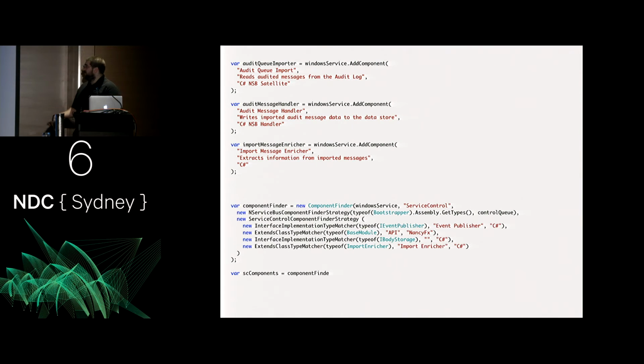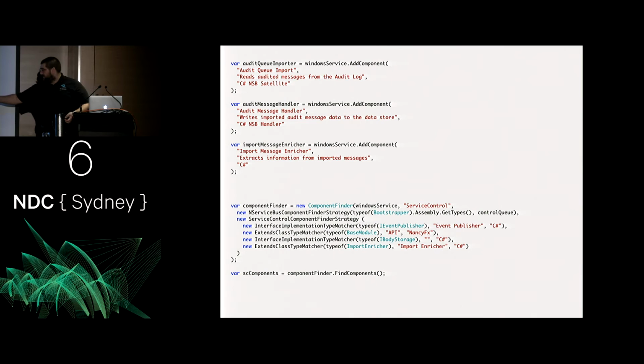That's actually already built into Structurizr in a thing called a component finder. And you can configure the component finder with a number of different strategies to basically say, what are the rules that I've set up here? So if you implement IEventPublisher, then you're an event publisher. If you extend ImportEnricher, so if you're using ImportEnricher as your base class, then you're an ImportEnricher.